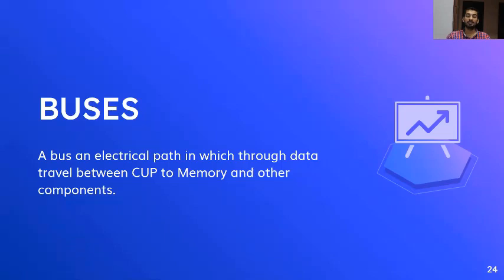So a bus is nothing but a wire on which our data can travel around the motherboard to every component, from CPU to main memory, from main memory to other components like PCI slots, graphics card, north bridge, south bridge, etc.